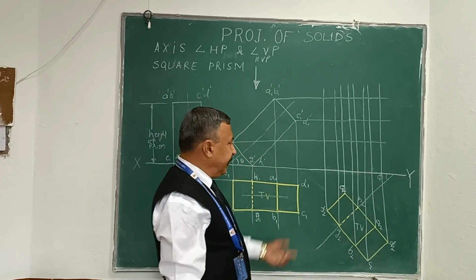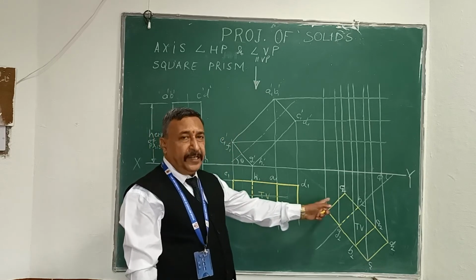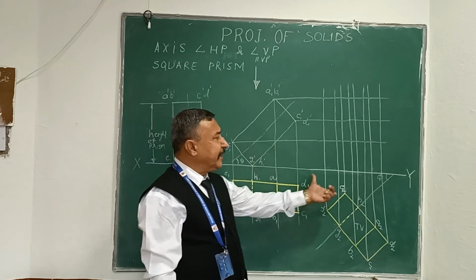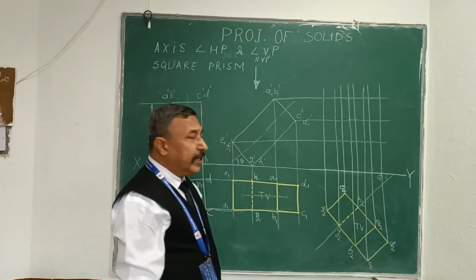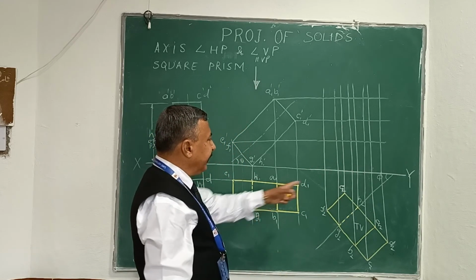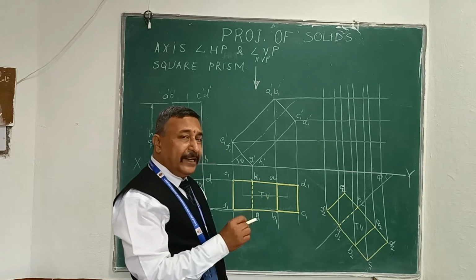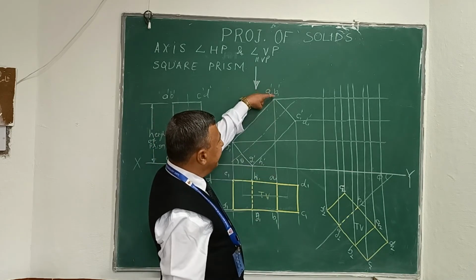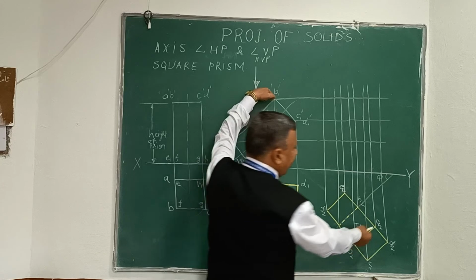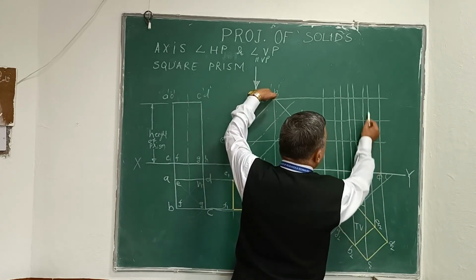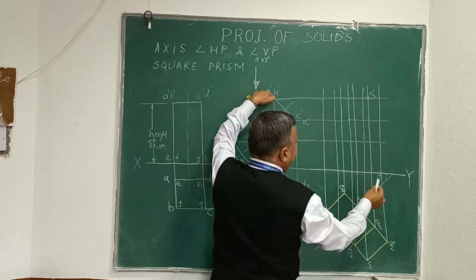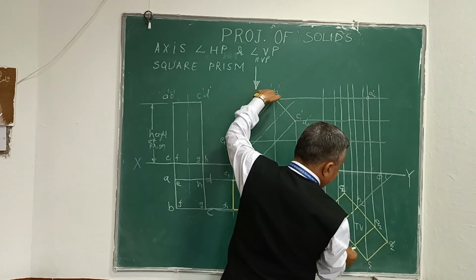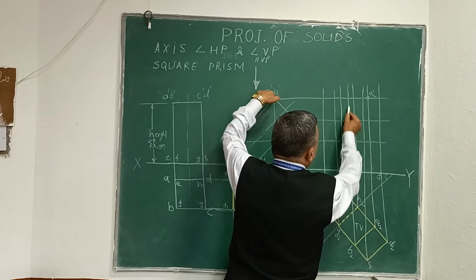Now see, as we proceed, the number of projectors is increasing, so draw carefully. Getting the intersection points should also be done carefully. See, this is A and B. So this point is A2 dash and this point is B2 dash.